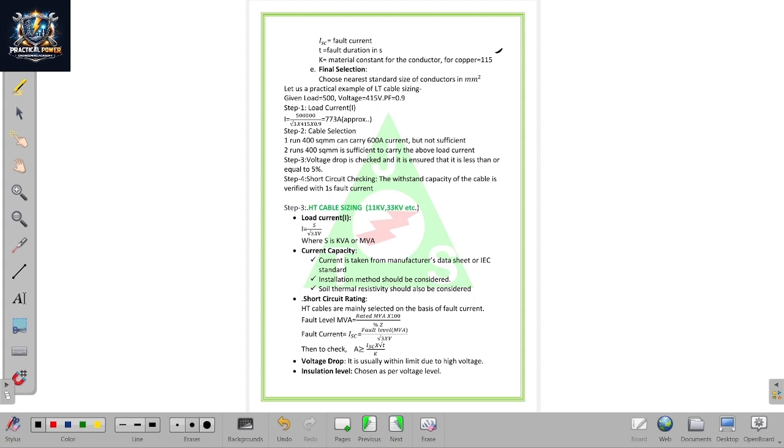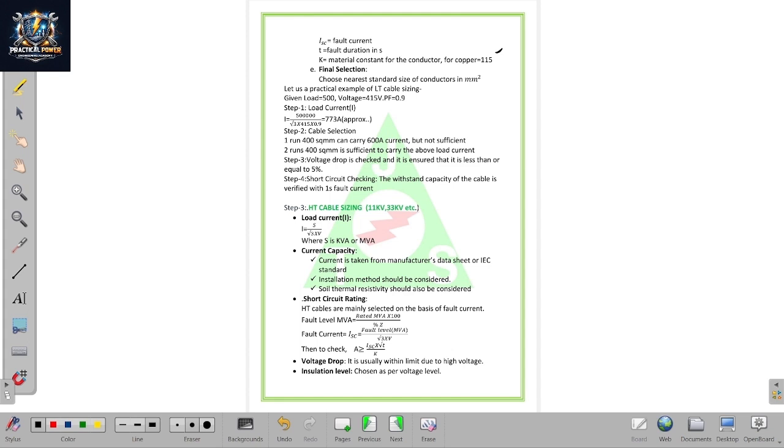The next step is our short circuit rating. The ST cables are mainly selected on the basis of fault current. So it is the most critical step for selecting the ST cable.